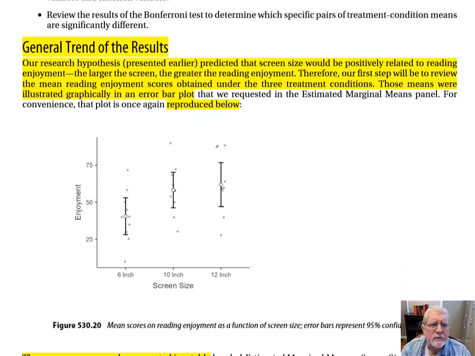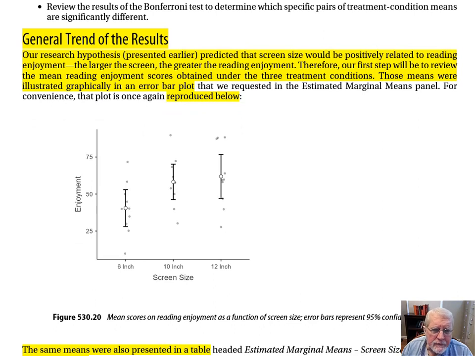Now, I am back where I was a second ago. Page 26. We're looking at the general trend of the results. This is the figure I showed a minute ago. Well, what do we have? It looks like the people had the highest level of reading enjoyment when they used the 12-inch screen. The circle in the middle of this error bar represents the mean score. We can see that the mean for the 12-inch condition is a little bit higher than the mean for the 10-inch condition.